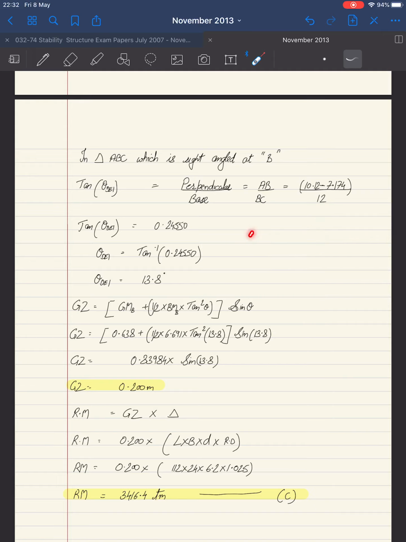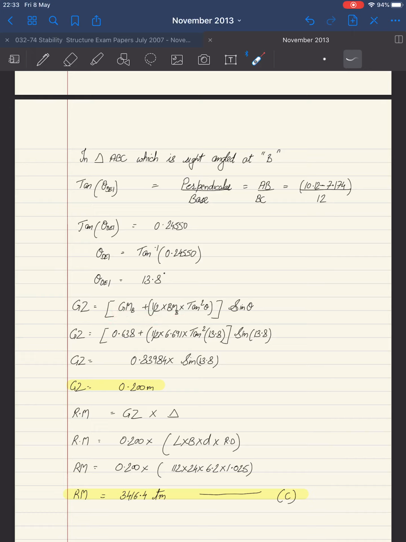Also, the wall-sided formula is applicable up to deck edge immersion only. So that's why we have used the wall-sided formula, which is GZ equals GM bilged plus half times BM bilged times tan squared theta, multiplied by sine theta.